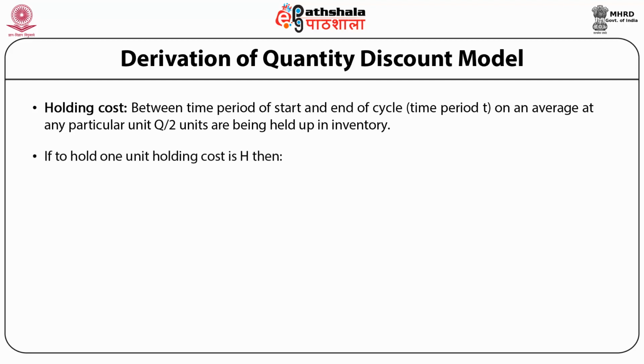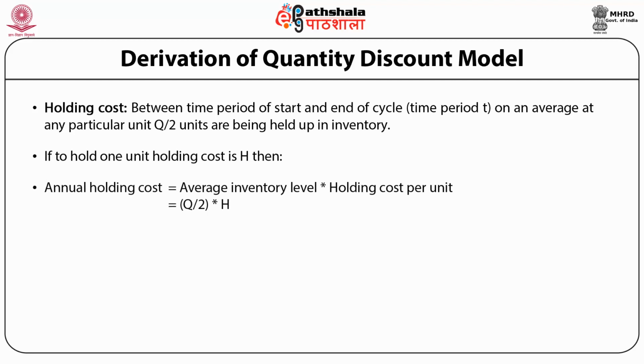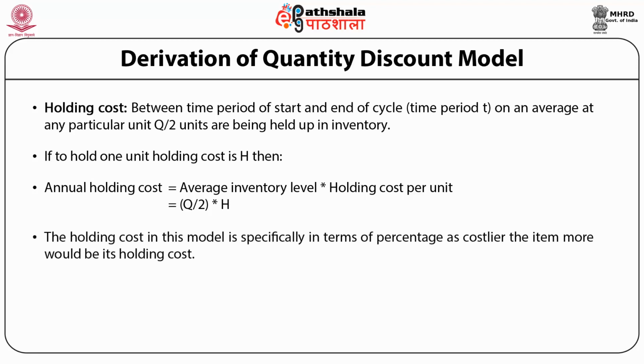If the holding cost to hold 1 unit is H, then annual holding cost equals average inventory level times holding cost per unit, which is Q upon 2 into H. The holding cost in this model is specifically in terms of percentage, as the costlier the item, the more its holding cost.